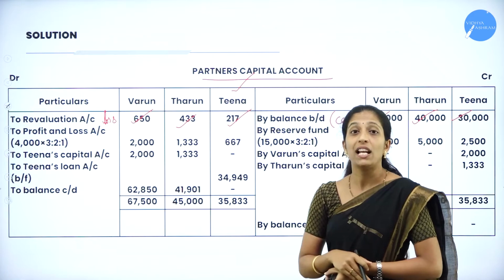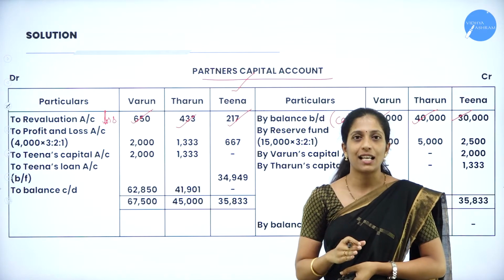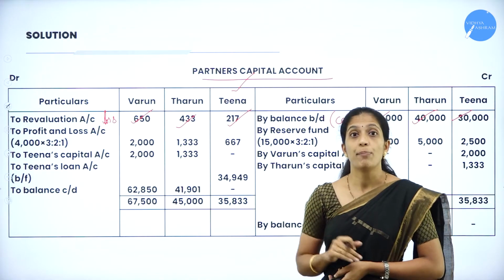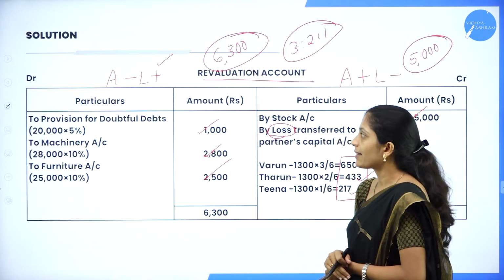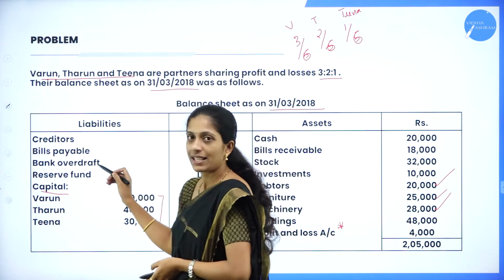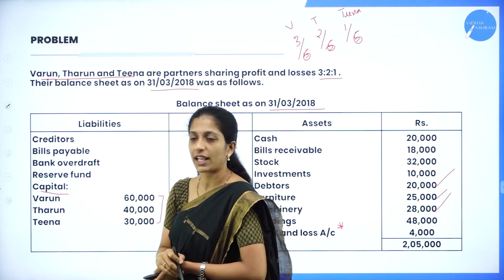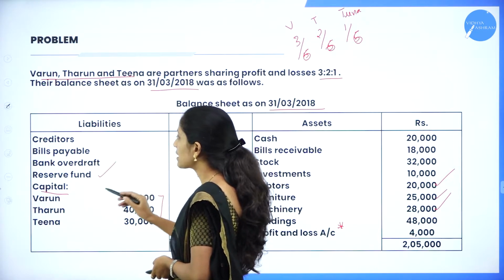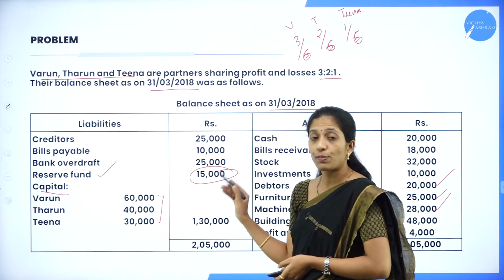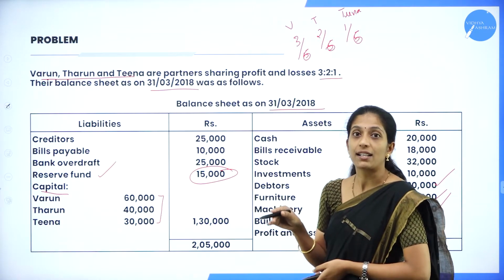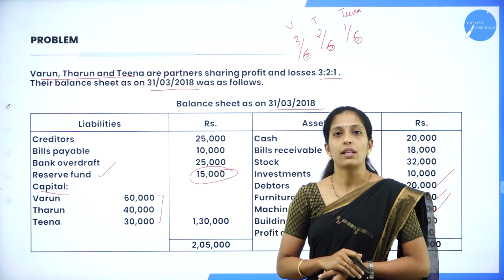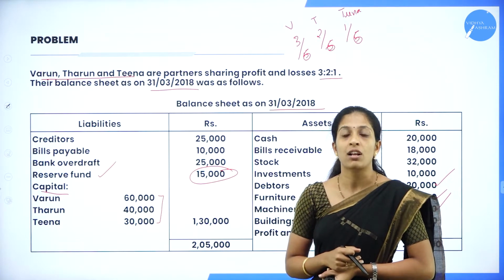Next, as usual, we have to check whether there is any reserve fund as well as profit and loss account in your balance sheet. Now, go through the balance sheet. See the liability side, whether there is any reserve fund as well as profit and loss account. Yes, there is a reserve fund here, that is reserve fund 15,000. Now, distribute this reserve fund to all the partners in their profit sharing ratio. Now, why does it have to be distributed to all the partners including the retiring partner also?